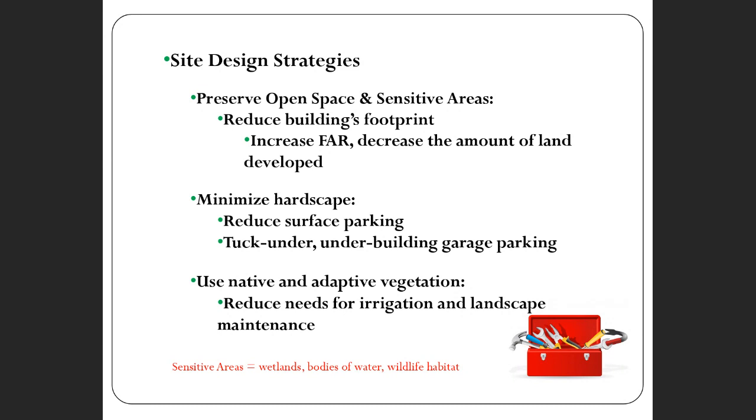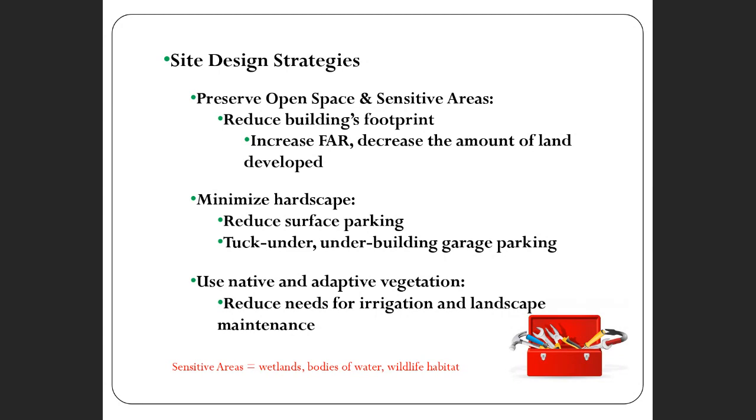Again, in our site design strategies, we want to use native and adaptive vegetation. Native plantings are things that have been in this climate for a long time, so they're used to operating with limited rainfall or periods of no rainfall.